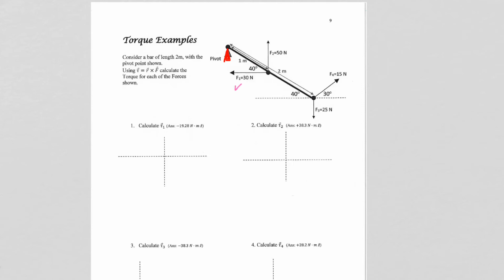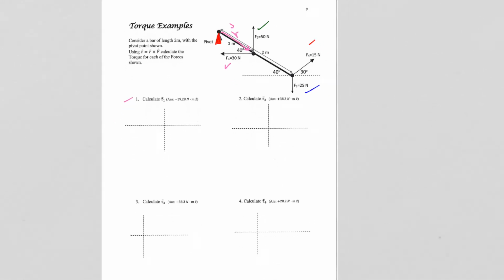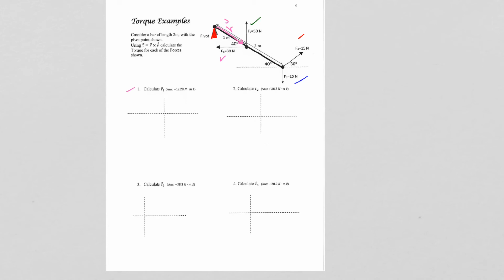So your R goes from the pivot to where the force acts. Your F is whatever it is. Draw them from a common origin. Take R cross F. You're going to do the same thing for F2, the same thing for F3, and then go back, do the same thing for F4, and just make sure you can calculate all of these torques. The answers are given there for you, so hopefully you can confirm them.